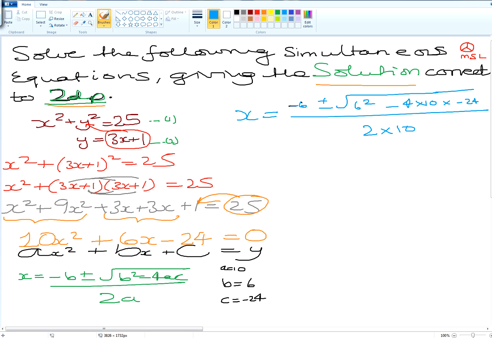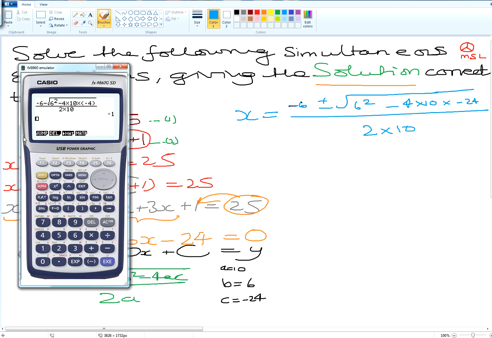So let's grab our trusty calculator and let's put that calculation in. So we have the fraction button. Okay, here we go. Fraction button. So you have the little minus, minus 6.